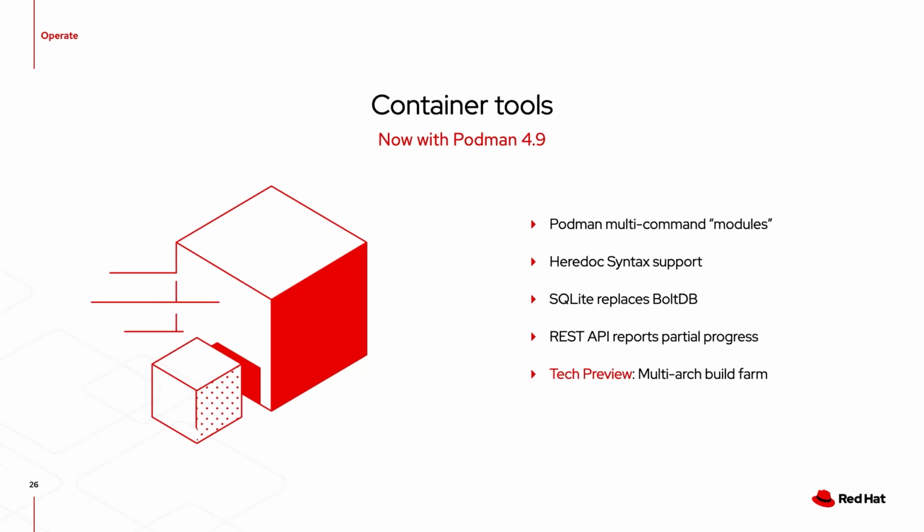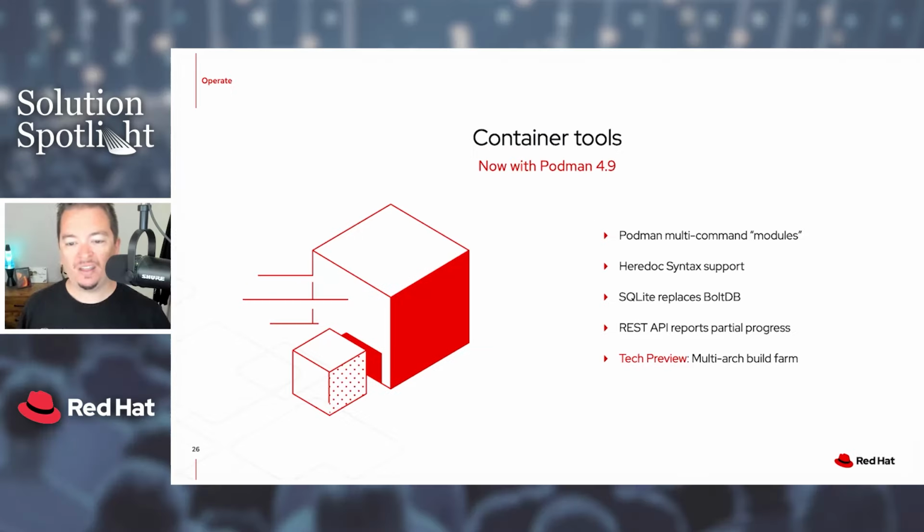Think of this like yum used to be, where you'd have yum and yum-utils. Now all of that is built into subcommands, so the Podman utility is a lot cleaner, a lot easier to use now. Also worth noting in Podman 4.9 is that SQLite is now the backend database that's replacing BoltDB. So if you reinstall Podman or install fresh, just note that you'll be using SQLite on the backend instead of Bolt.